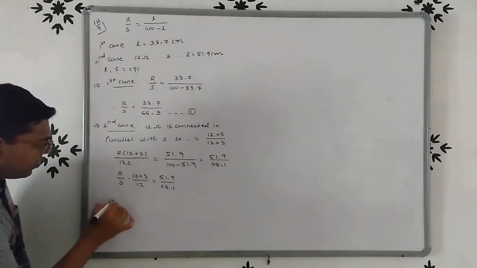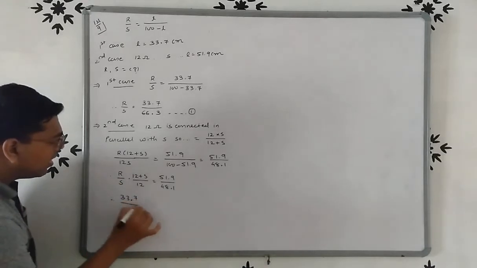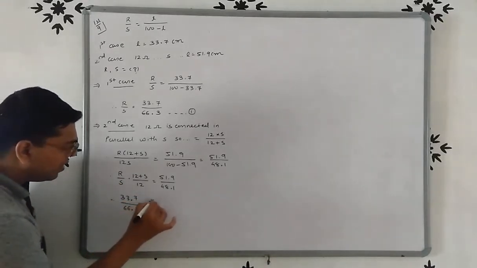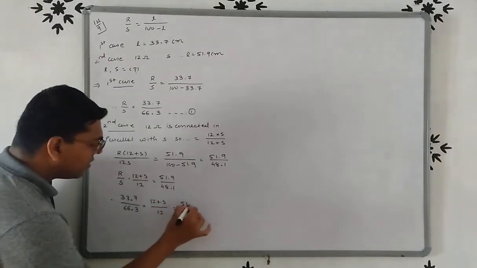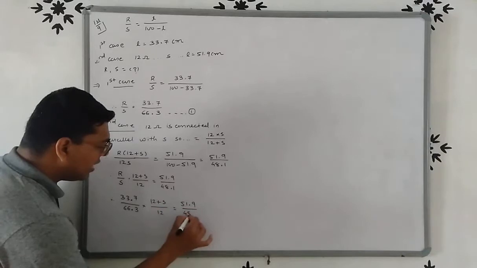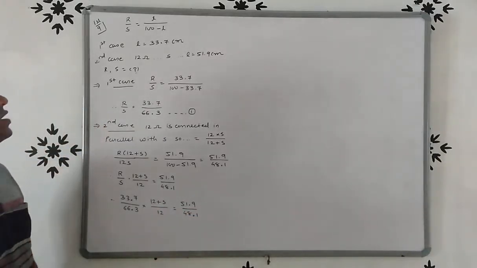So 33.7 upon 66.3 into 12 plus S upon 12 is equal to 51.9 upon 48.1. Here we have to find out the value of R and S.